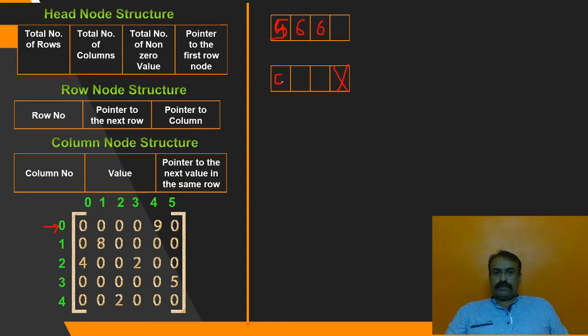Row number is 0. This address will point to this node. Now it has the row number 0, a pointer to the next row, which right now we will hold, and then a pointer to the column node.